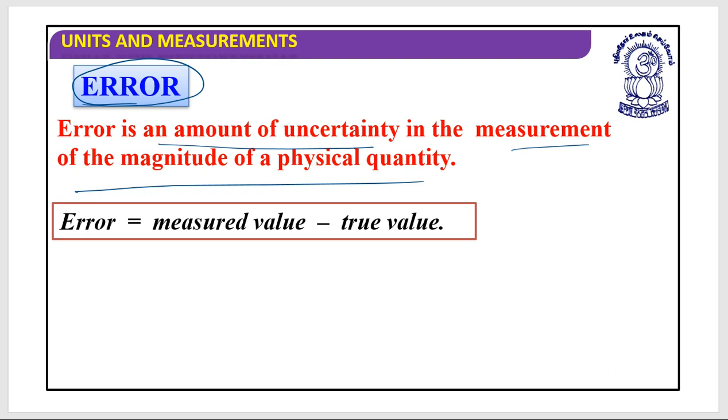We are not sure about that data, that we call an uncertainty. That creates an error. So basically error is measured value minus true value. Basically, error is always the difference between what we have measured and what the true value is.